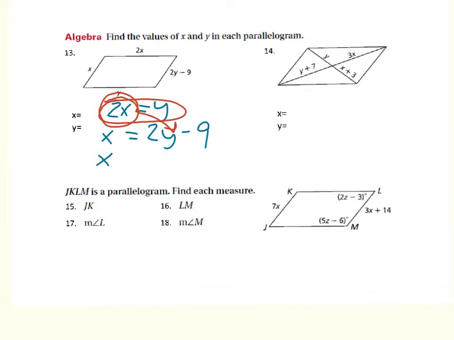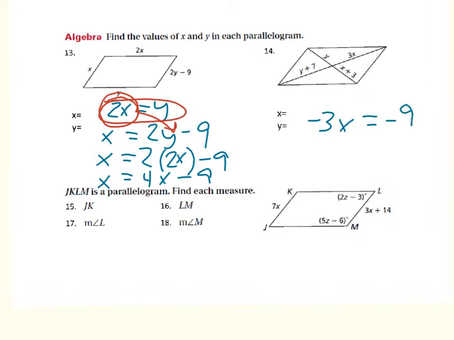So I get x equals 2, and now I'm going to replace y with 2x. It's called substitution, minus 9. And I get x is equal to 4x minus 9. I'm going to subtract 4x from both sides. So that gives me negative 3x equals negative 9.